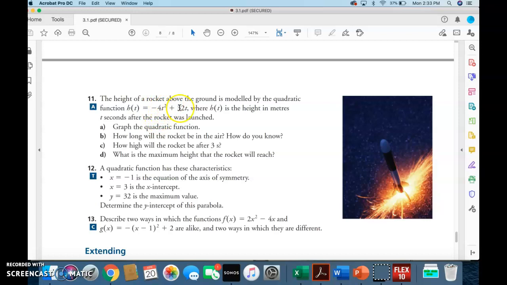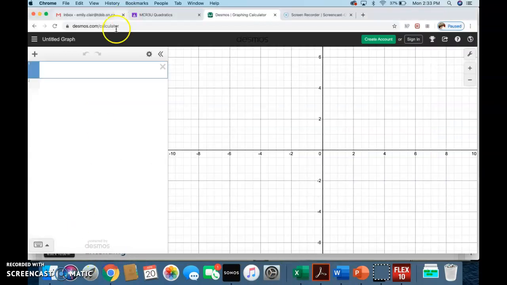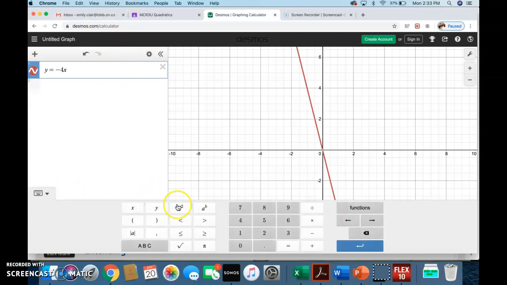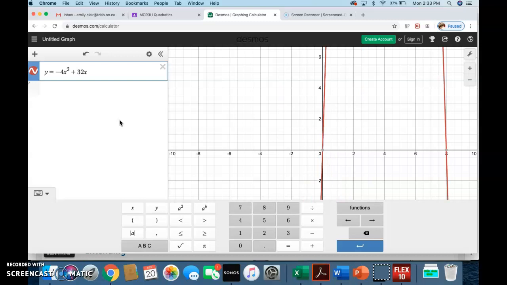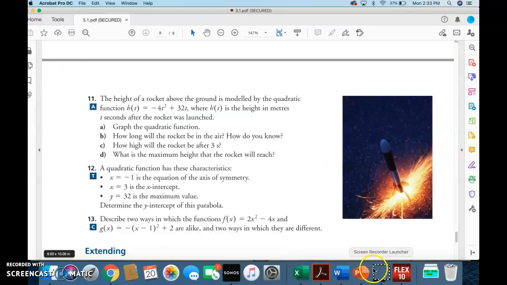So y equals -4x squared plus 32x. Let me just double check that I got that right, plus 32x.